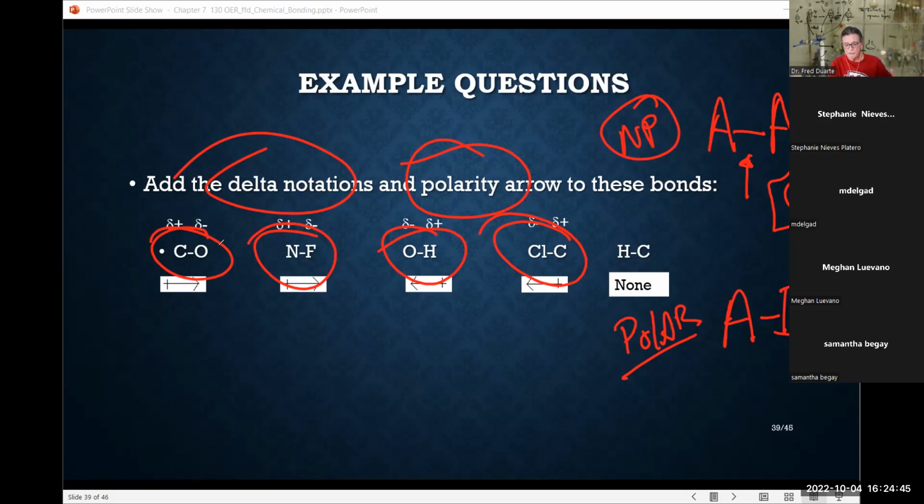Permanent because it's the nature of the beast, the nature of the bond, two dissimilar atoms that are bonded together. Specifically non-metal, okay? I repeat that, specifically non-metal, specifically covalent bonds, okay?